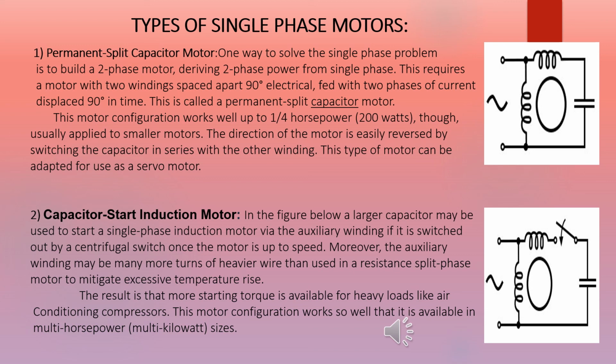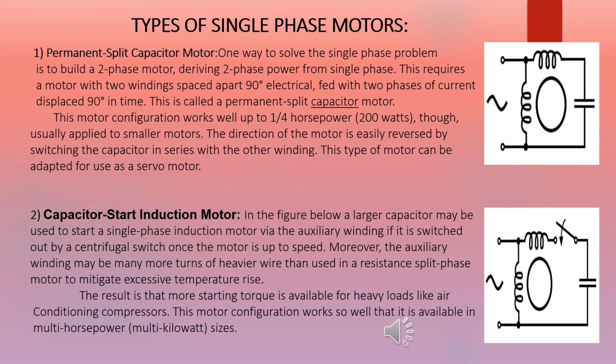This is called a permanent split capacitor motor. Why do you call it a capacitor motor? Because a capacitor is also used in the circuit. The use of the capacitor in the motor is for giving a smooth rotation for the motor. The motor configuration works well up to 1/4 horsepower or 200 watts.